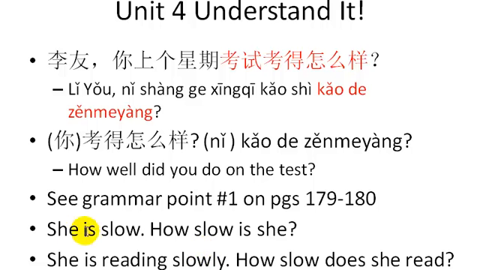So, for example, here we have an adjective, slow. She is slow. So slow is an adjective, and it describes this individual as being slow. And then in a question, we would say, how slow is she? Now, an adverb modifies not a person or a noun, but a verb.